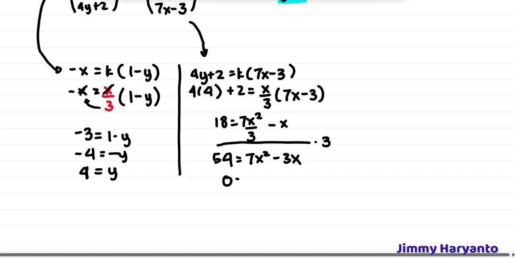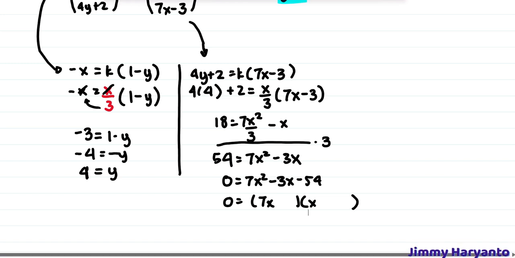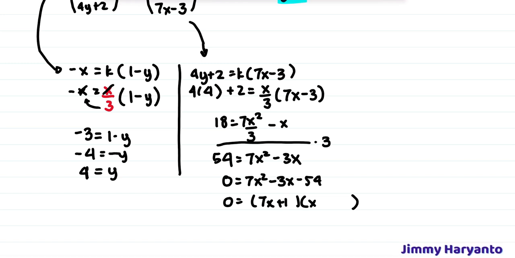And then you only have to make it into 0. 7x squared minus 3x minus 54 equals 0, and then do the factorization. This one is 7x, and then this one is x. This one is plus 18, I guess, and this one is negative 3. Let's double check the factorization.